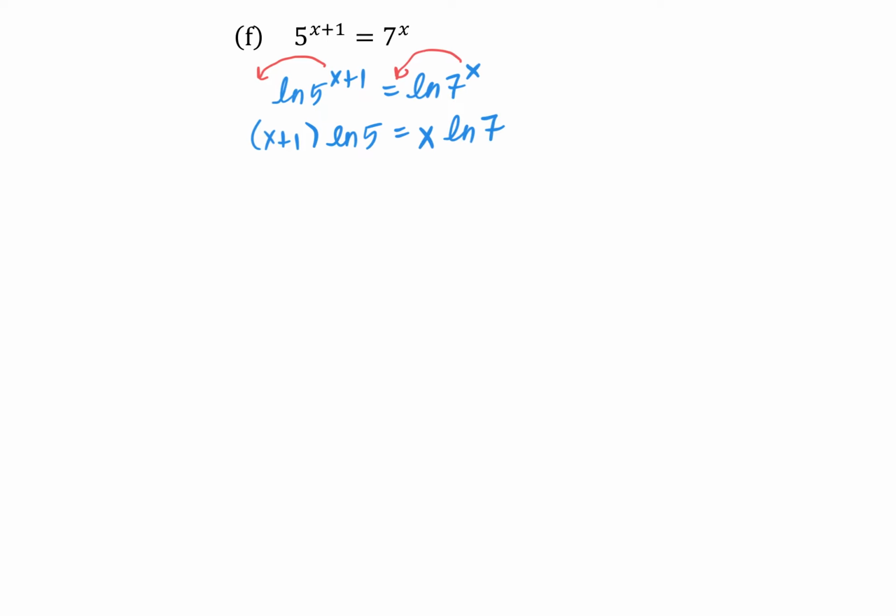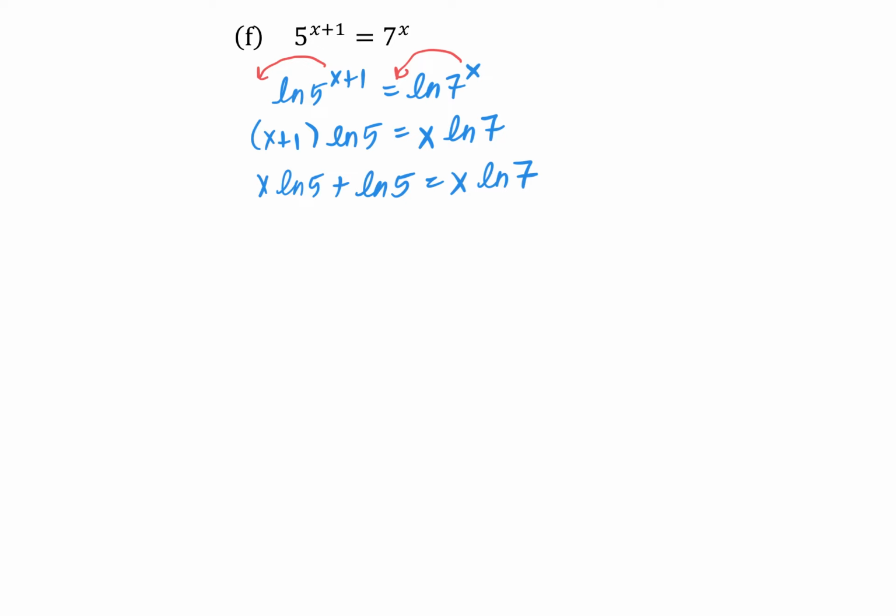I'm going to distribute the natural log of 5 and get rid of the parentheses around the x plus 1, to get x times the natural log of 5 plus natural log of 5 equal to x times natural log of 7. The reason I did that is so I could separate the x from the plus 1.